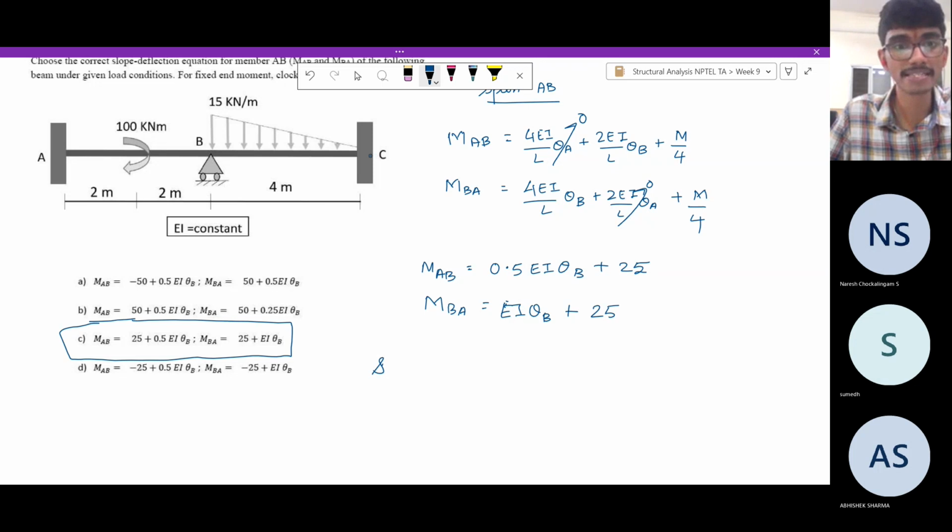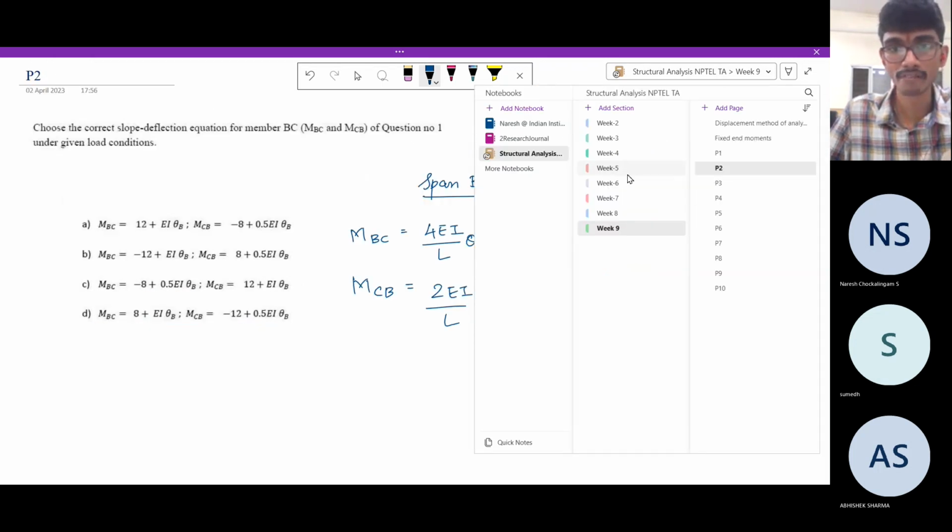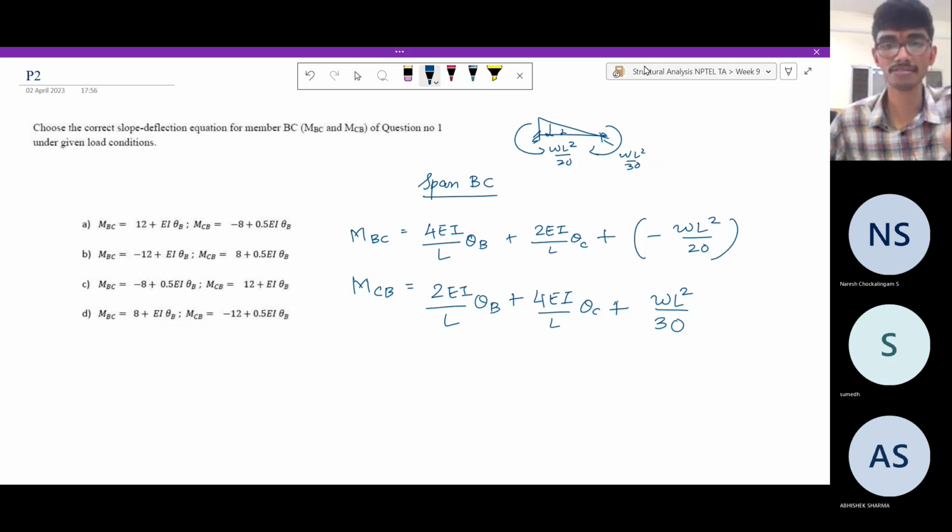The other compatibility conditions are that the rotations are 0 at the fixed ends. How do we enforce it? We just drop the variable, so theta C is 0. So whatever we have is a kinematically admissible displacement field. Now we enforce equilibrium to solve for the unknown variables.